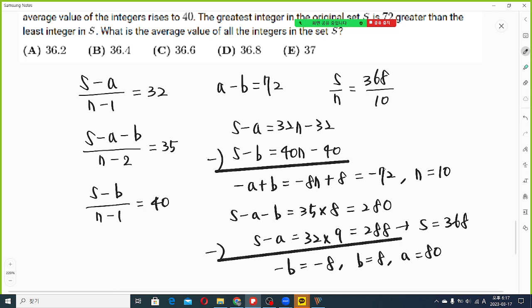So which one is the answer? From the options, 368 divided by 10 is D.